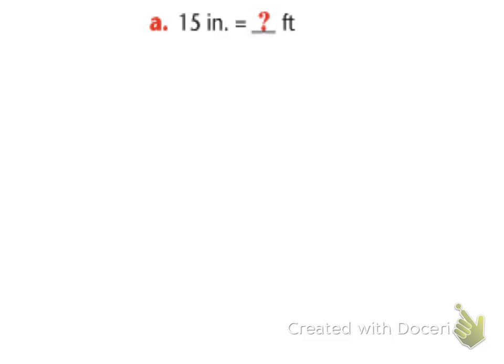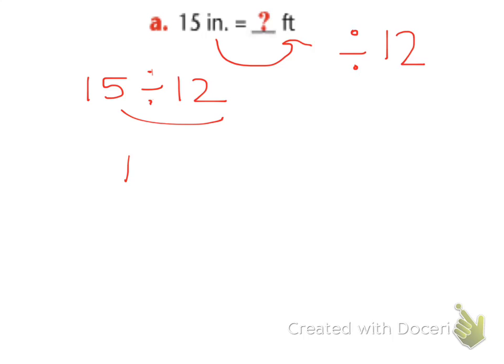Our expectation is that you're writing these examples down in your notes. So here we're going from inches to feet. So I know my number needs to be smaller, so that means I'm going to divide. There are 12 inches in a foot, so I'm going to divide by 12. So you can think of this as 15 divided by 12. We don't want you to use a calculator, though, and get a decimal. We would just want you to think about the division problem and write it as a fraction. Because every fraction line like this is really a division sign.